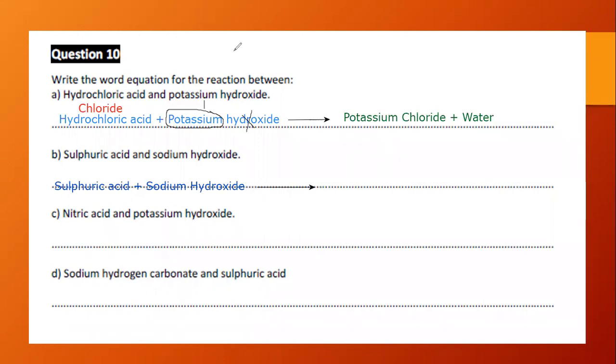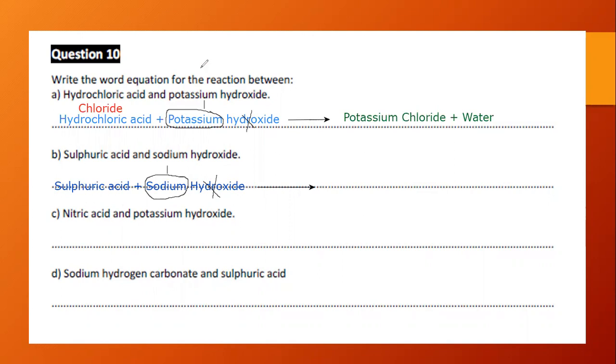Okay. Now, how will I know the name of the salt? Simply by going back and starting with the alkali. I will cancel the word hydroxide. I care about the word sodium. And this will be the first part of my salt. Okay, what about the second part? What is the name of the acid? The name of the acid is sulfuric acid.